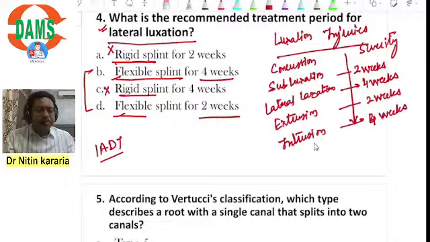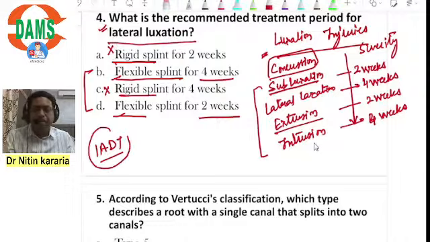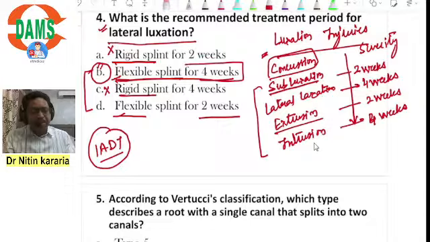Concussion does not require splinting. So out of the 4 luxation injuries, subluxation and extrusion require splinting with a semi-rigid or flexible splint for 2 weeks, and lateral luxation and intrusion require it for 4 weeks according to the International Association for Dental Traumatology. So the answer to the above question would be option B, that is flexible splint for 4 weeks. Answer is option B.